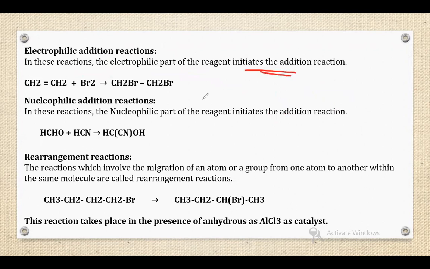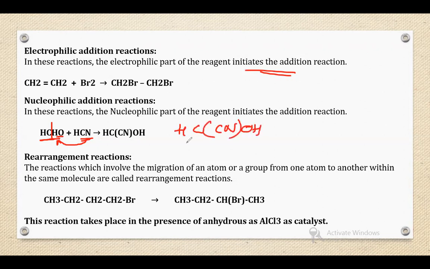In nucleophilic addition, it is reverse. So HCN, H plus and CN minus. Here HCHO is formaldehyde. HCHO will form an HC and O group, HC and OH group. What will happen? The negative part initiates and combines, this cyanide. CH will form the positive charge, and the CN group combines to form HCCNOH.